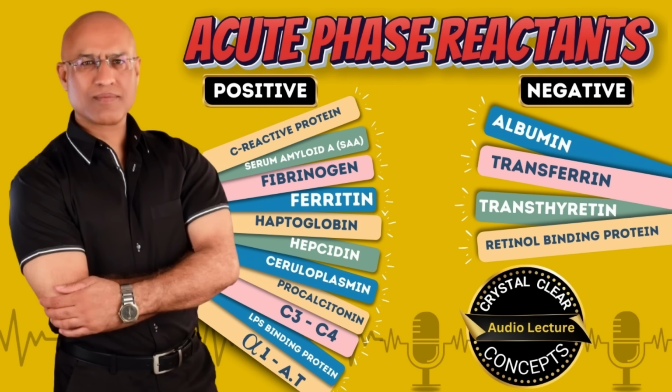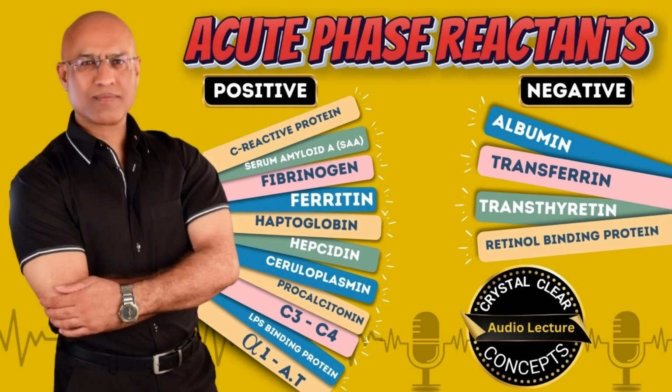So now we have seen three molecules which act as positive acute phase reactants, and they are trying to make iron less available to pathogens. What are these? Number one was haptoglobin, which binds with hemoglobin and transfers the hemoglobin safely to the macrophages, and iron is released in the macrophages, and there it binds with apoferritin and converts into ferritin.